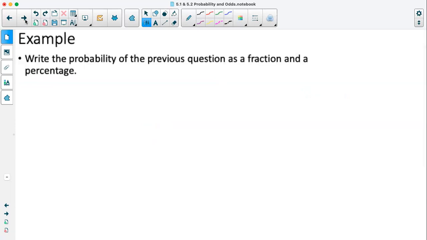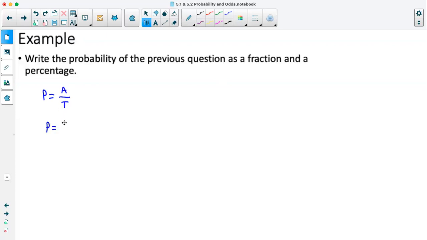Okay, example, write the probability of the previous question as a fraction and as a percentage. Okay, so P is equal to A over T, where A is our amount of ones that worked out, and T is our total amount.